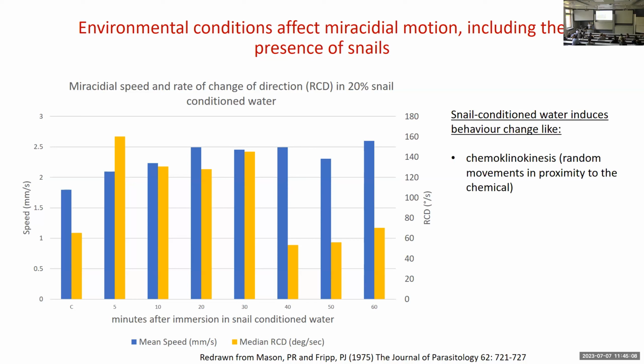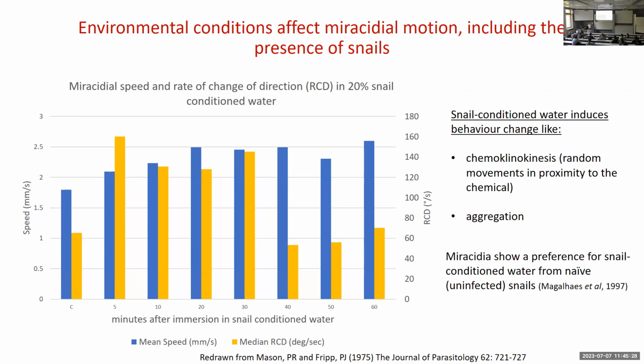The snail conditioned water induces behavior change like chemokinesis, so random movements in proximity to the chemical. So there are differences, but they're not that straightforward. Again, it may depend on the species, may depend on exactly what the snail produces. We're not sure yet.